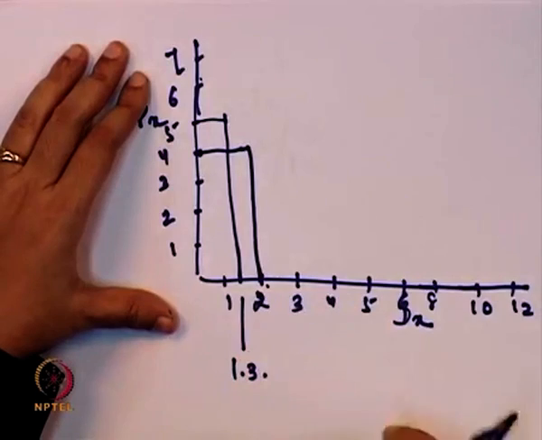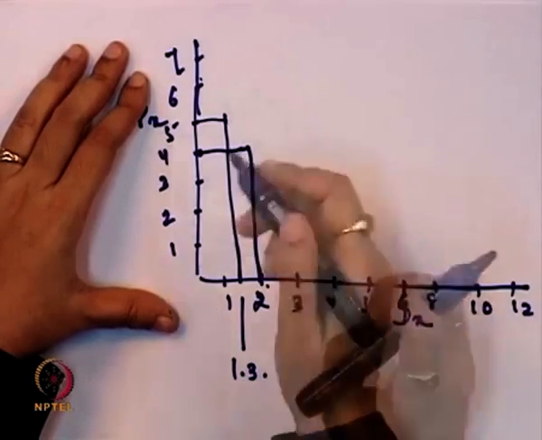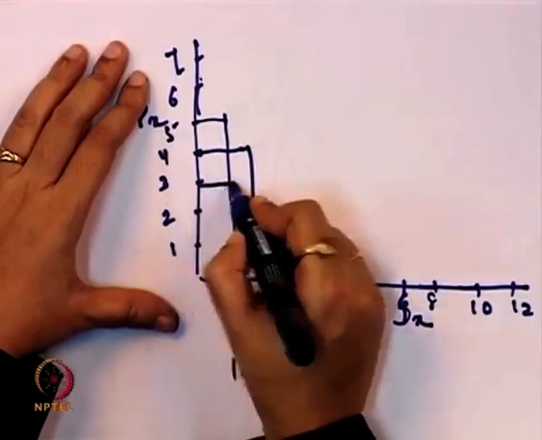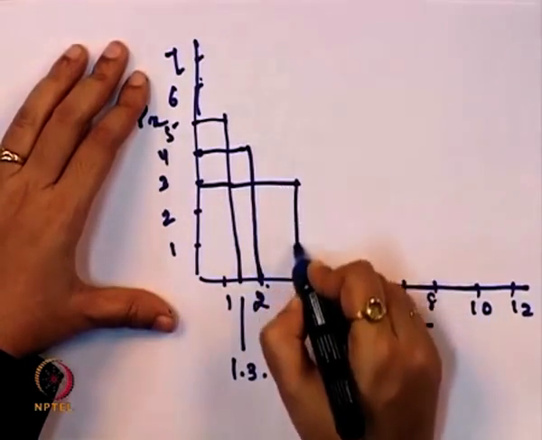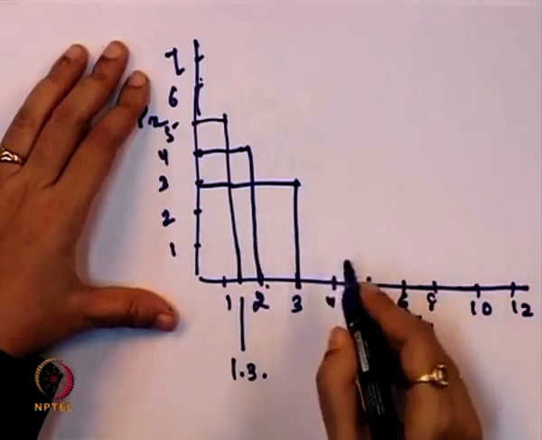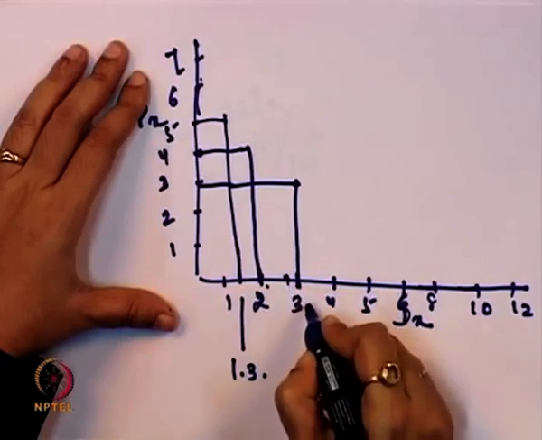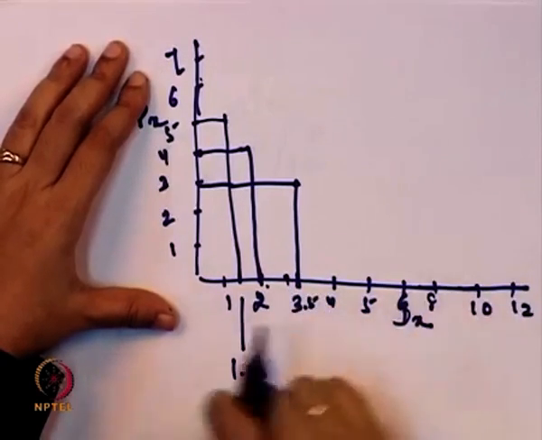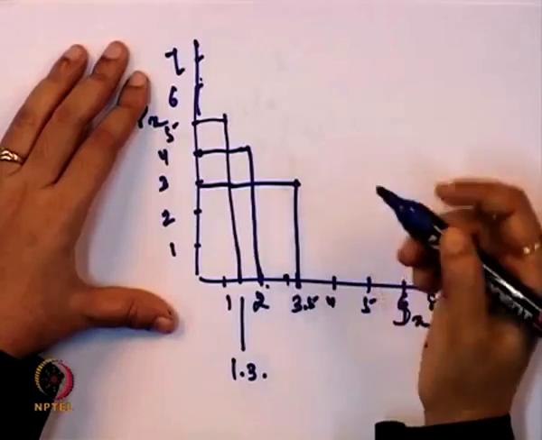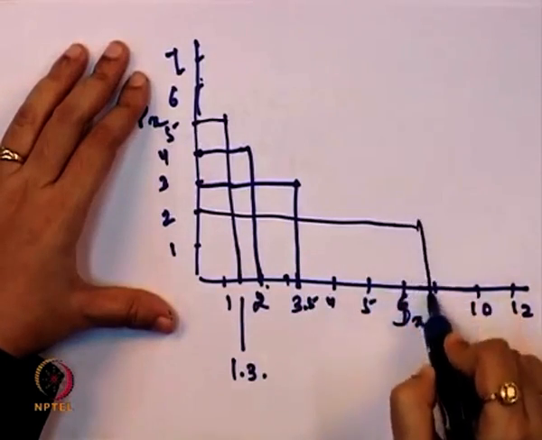And when price is 3, the quantity demanded is, say, 3.5, and when price is 2 then the quantity demanded is 8.